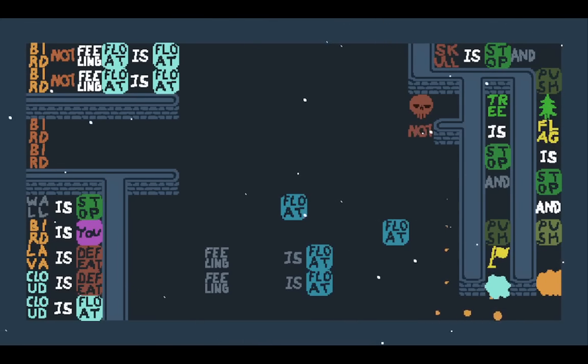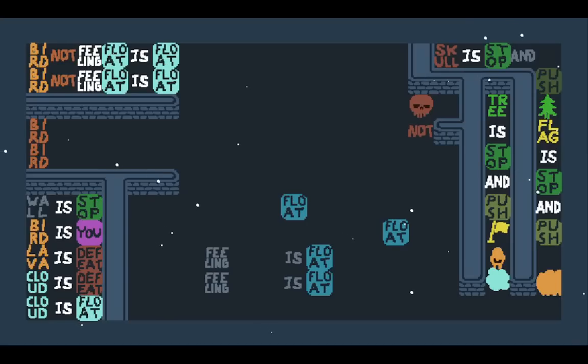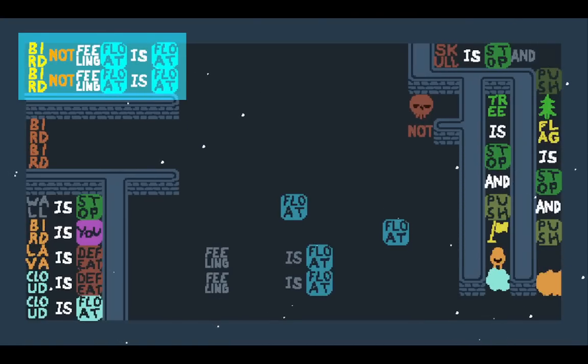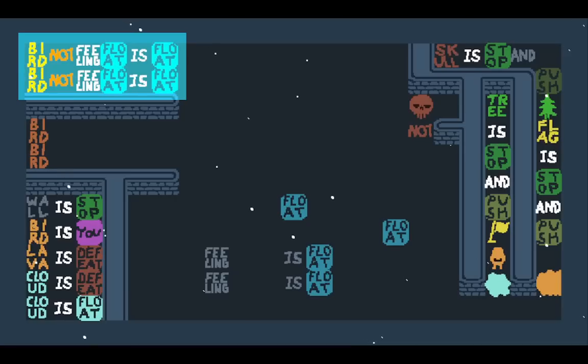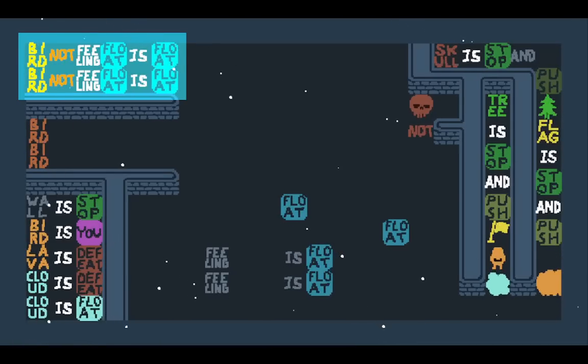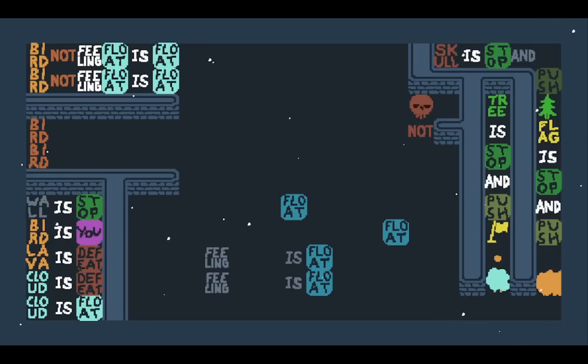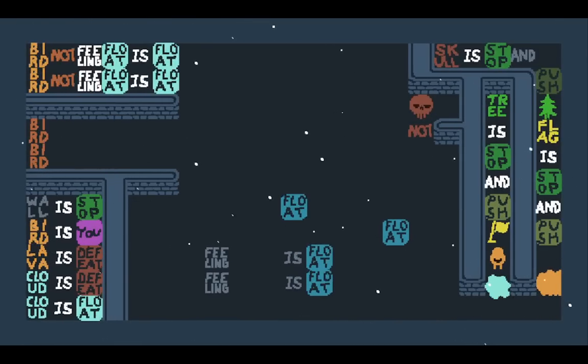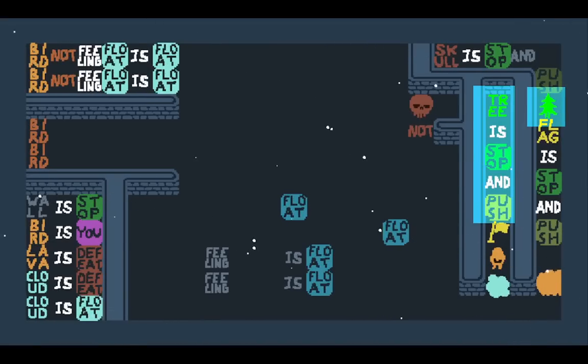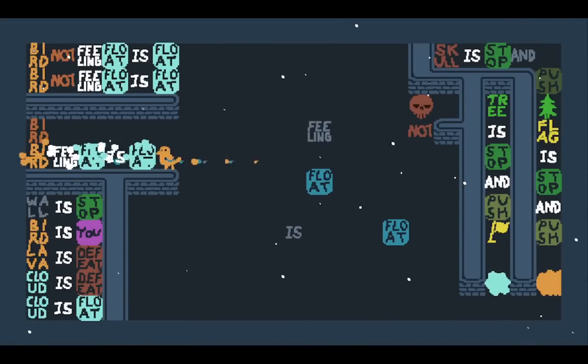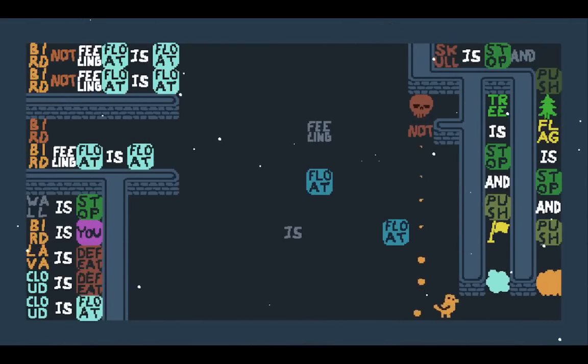Did that work? What? You say bird not feeling float is float once, and bird is float, but say bird not feeling float is float twice, and now bird is not float. Okay, now that tree is push, so now we want to get to that tree on the right. And now I'm float again.